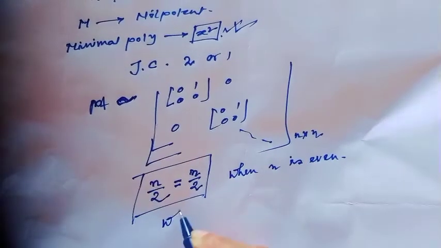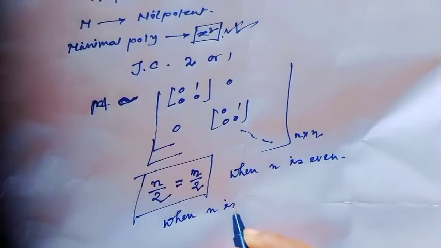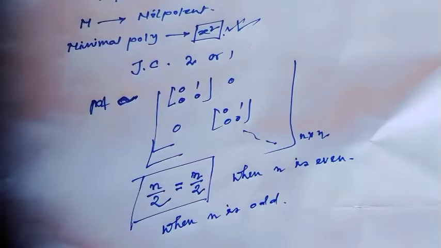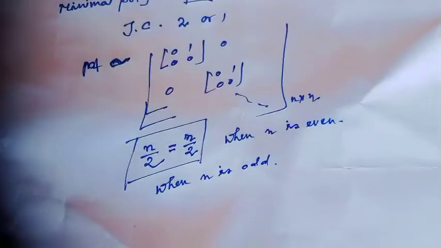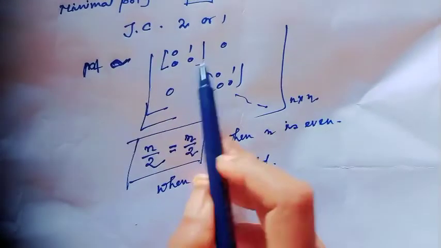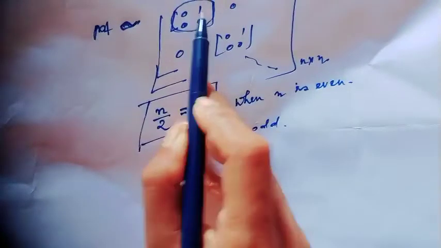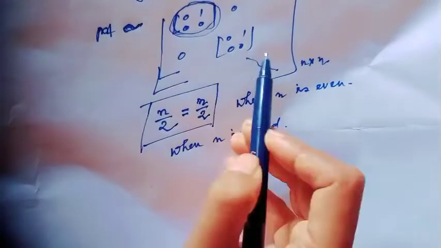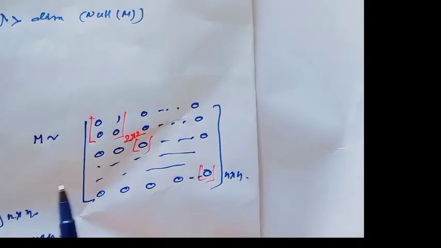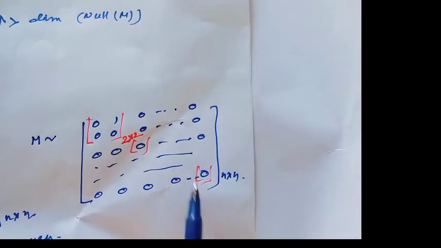But when n is odd, the possible Jordan blocks: notice if we consider two blocks and another one block, then M would be similar to this matrix.